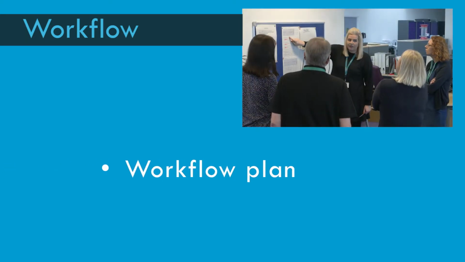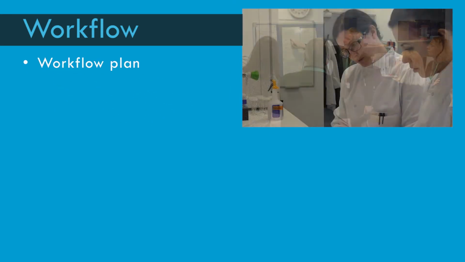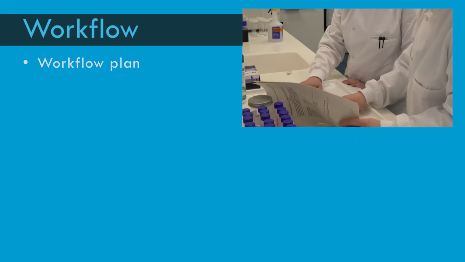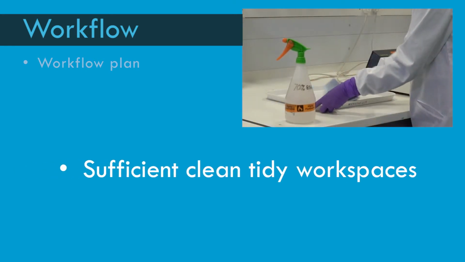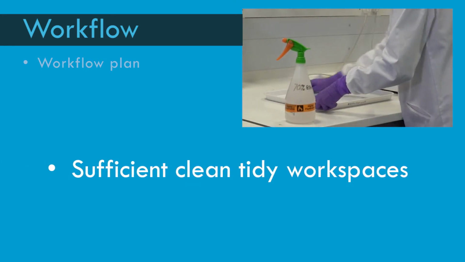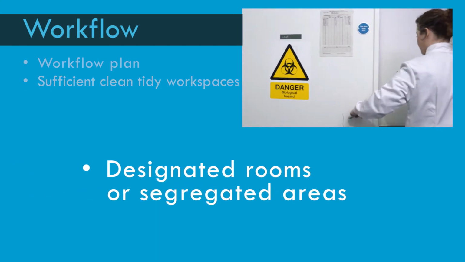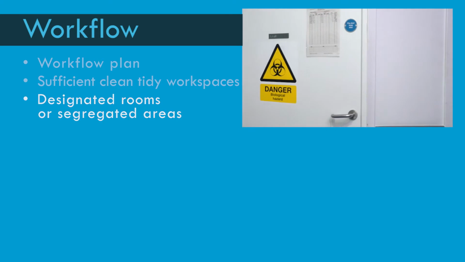In summary, good workflow includes a workflow plan that details what work will be carried out, when and where it will be done, and who will be responsible. Sufficient clean and tidy workspaces. Designated rooms or segregated areas for specific procedures.